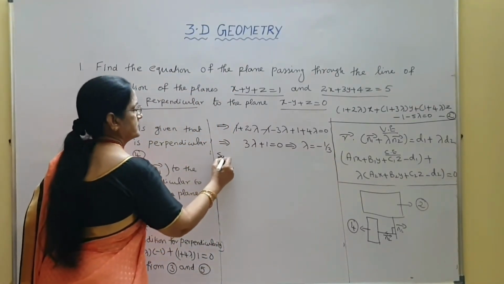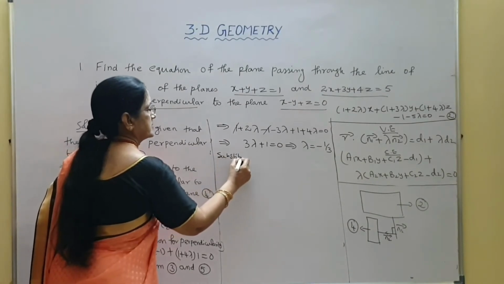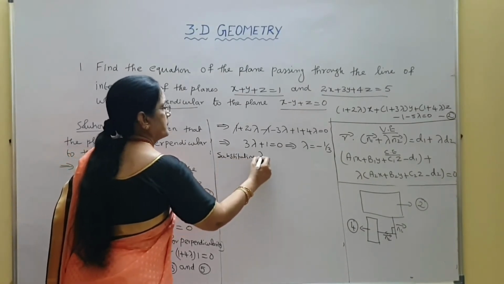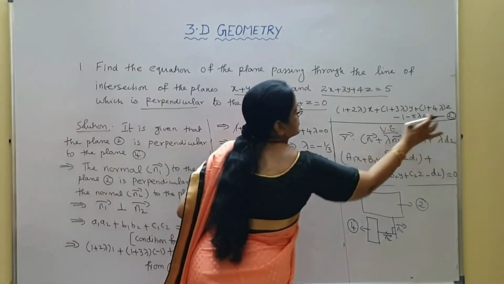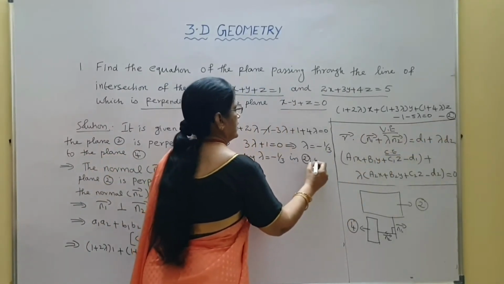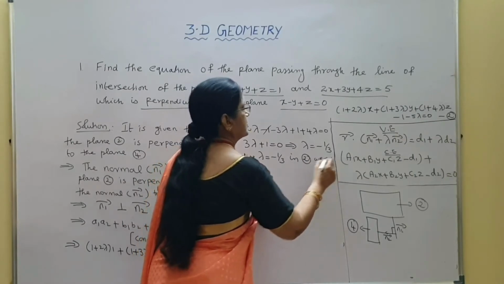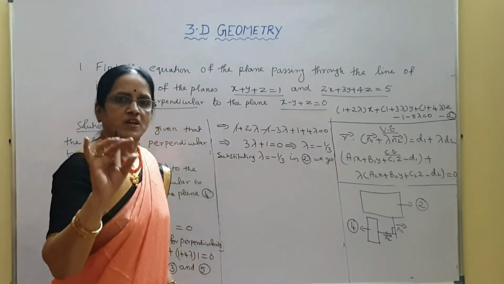Substituting lambda equal to minus 1 by 3 in 2, we get the required equation of the plane.